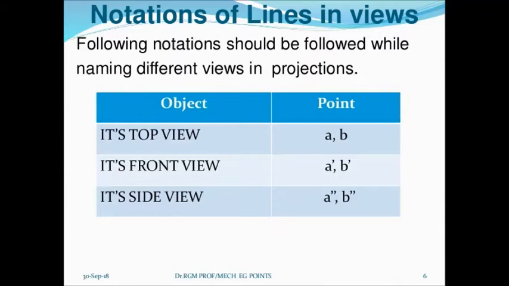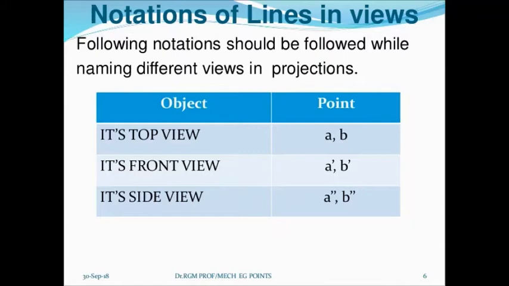While we are drawing the projection of anything, either an object or a line, we can follow the following rules. The following notation should be followed while naming the different views in projection. If our object is A or B, then its top view or plan should be marked with small letters.